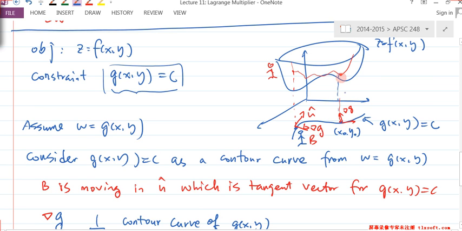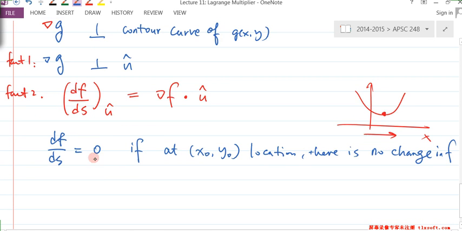But at that location, there's no change, so df over ds must be 0. Then you come back to this directional derivative formula. If this is 0, what does that tell us between del f and u hat? Perpendicular. That makes sense?